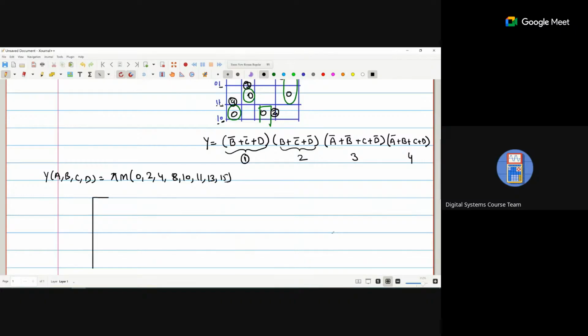So the variables are A, B, C, D. Now max terms are defined, pi m, so we have to represent 0.